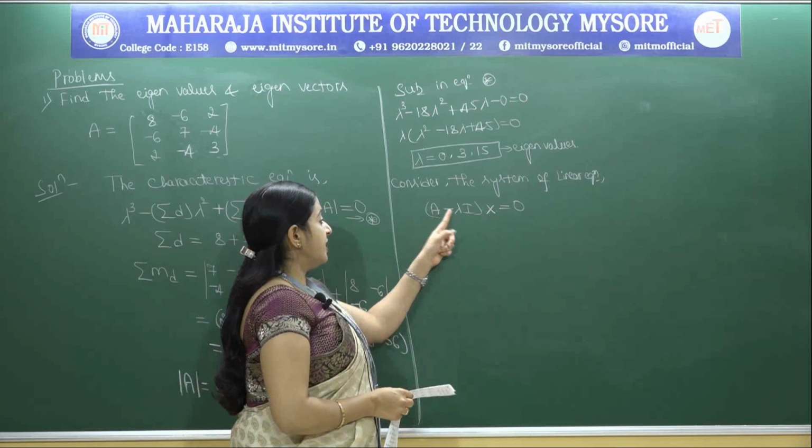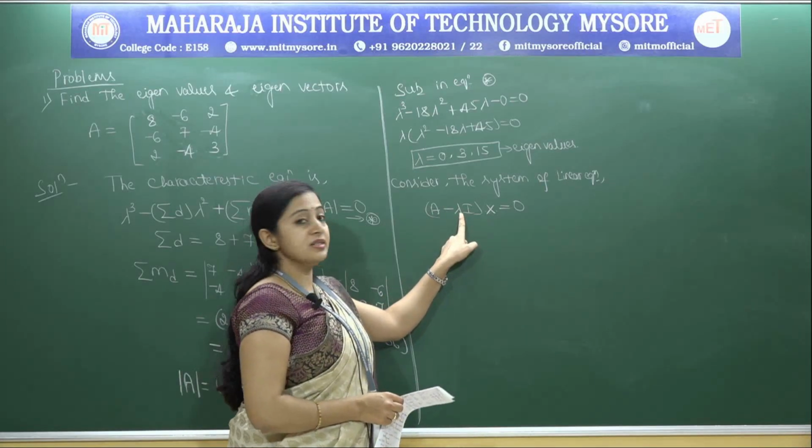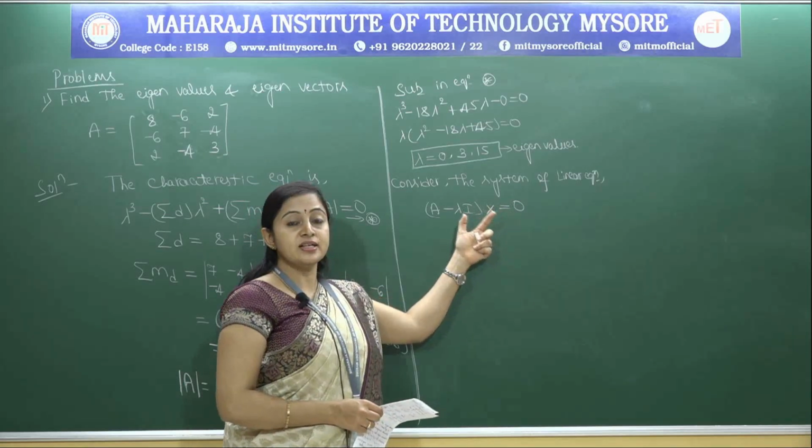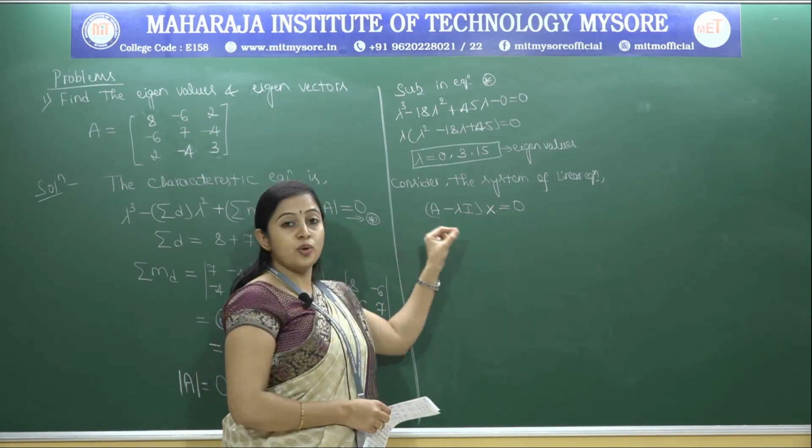So consider the matrix A, take the subtraction of lambda, which is a scalar, and the identity matrix, multiplication of x. You have the 3 variables, x, y and z.